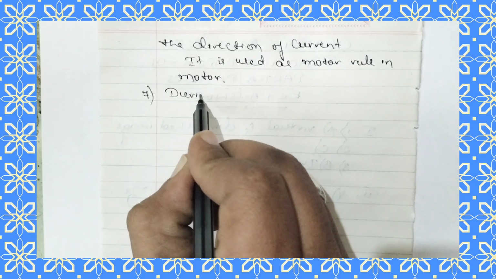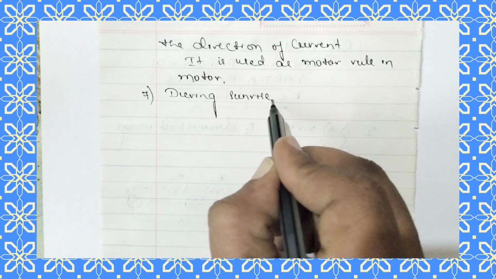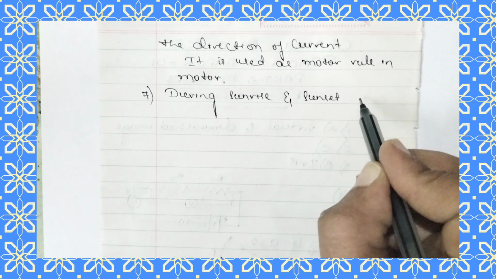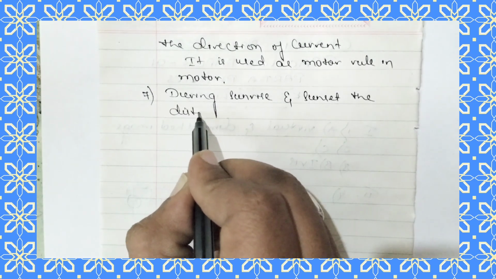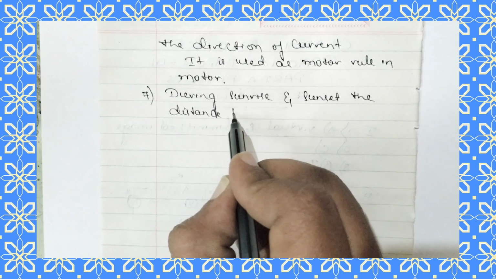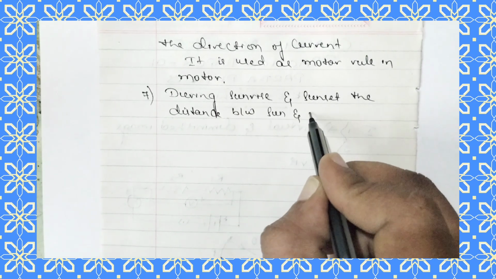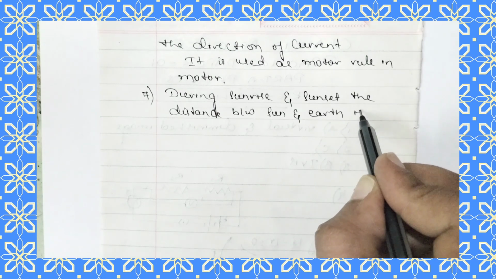During sunrise and sunset, the distance between sun and earth is more.